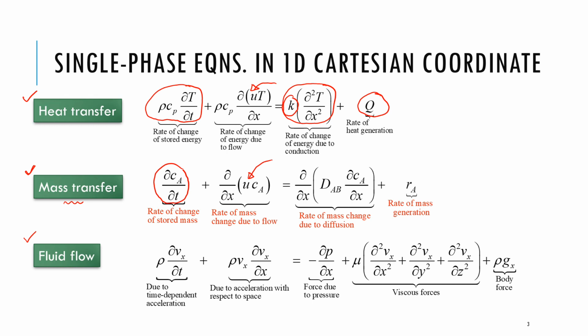The third term has to do with diffusion. We can take this guy out if diffusivity is constant, and then we'll see this also has the second derivative like the heat equation. Then the last term has to do with, just like heat source, it's a mass source where mass appears.